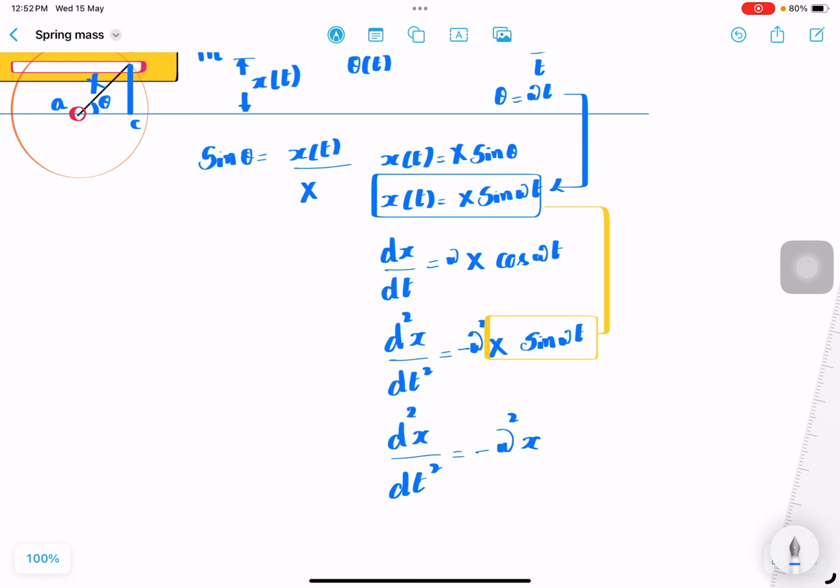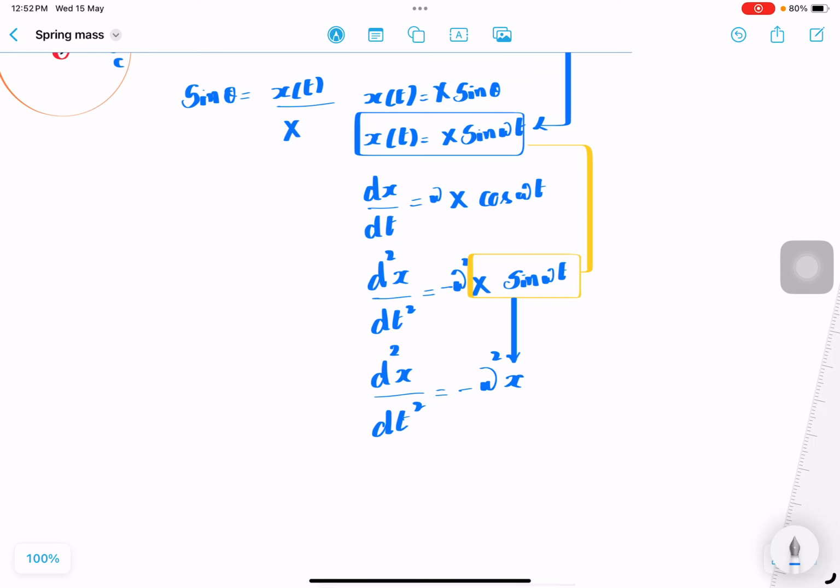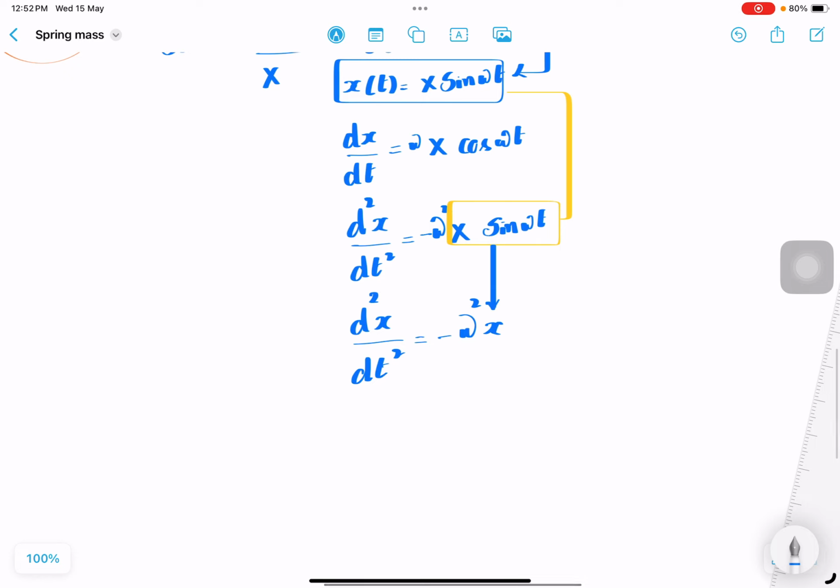Okay, so substituting for capital X sine omega t as omega square into x. Okay, fine. In the next step, I can just bring the right hand side term to the left hand side. I'll be getting d square x by dt square plus omega square into x is equal to 0.